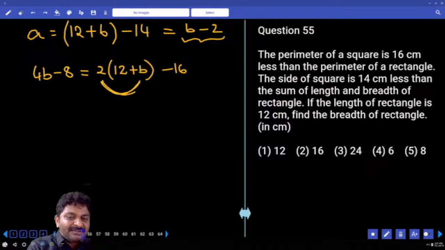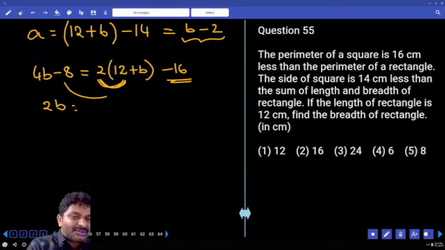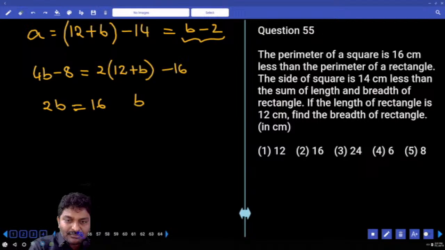How much is this? 2b goes to left hand side and it becomes 2b. Okay na? How much is it? 24 minus 16. Minus 8 goes to the other side. Plus 16. Avuna? 2b is equal to 16. B is equal to 8.